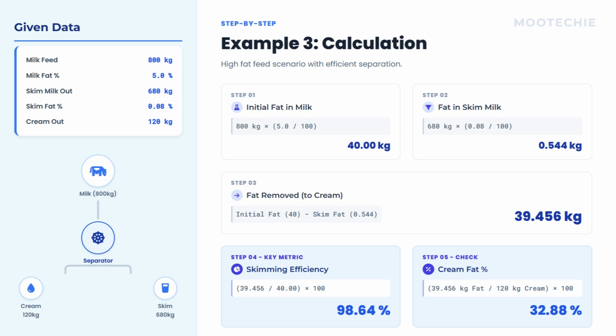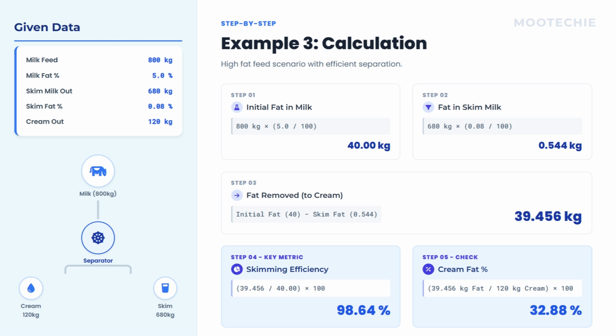Initial fat in the milk, 800 kilograms times 5% equals 40 kilograms. Fat in the skim milk, 680 kilograms times 0.08% equals 0.544 kilograms. Fat removed is 40 minus 0.544, which is 39.456 kilograms.